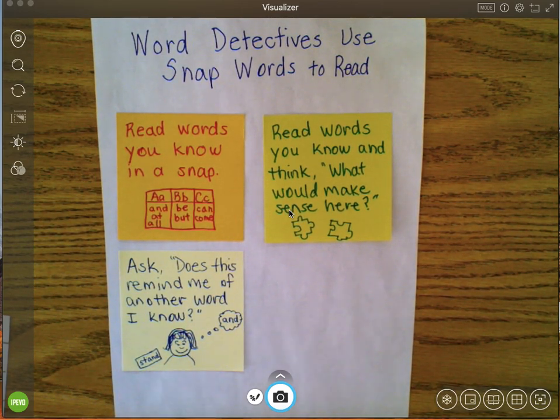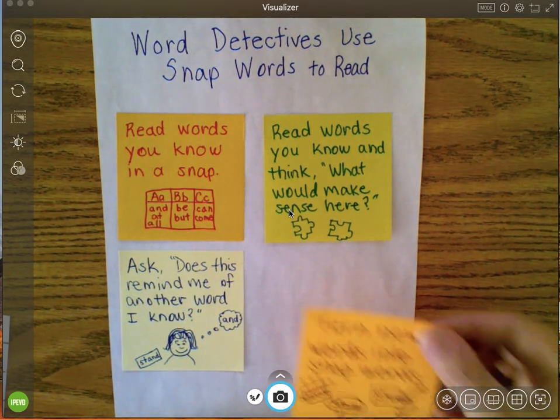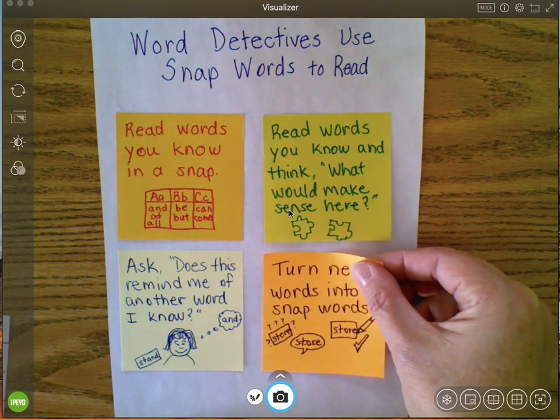The next thing we want to do is try to turn any new words we run across into snap words.